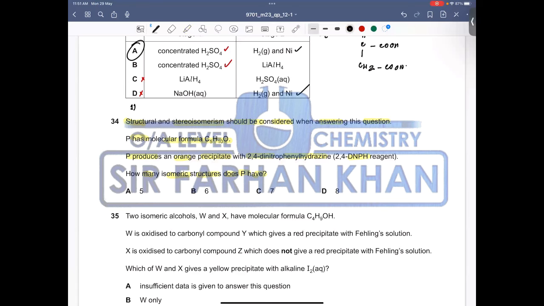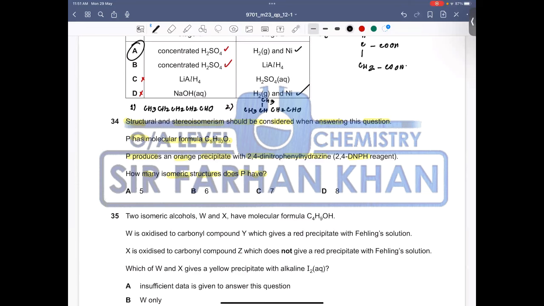My first structure is CH3, CH2, CH2, CH2, CHO. Now we have hydrocarbon chain, which means we can have chain isomerism in this. This is CH3. This is CH3. This is CH2.